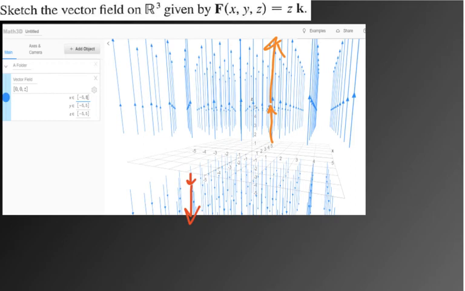You're not going to ever get anything in the left or right directions, in the x or y, because it is just outputting vectors that have a k component. So everything else is 0, basically.